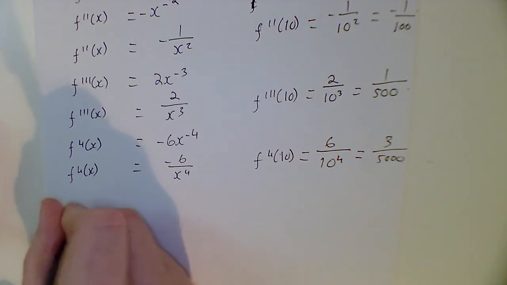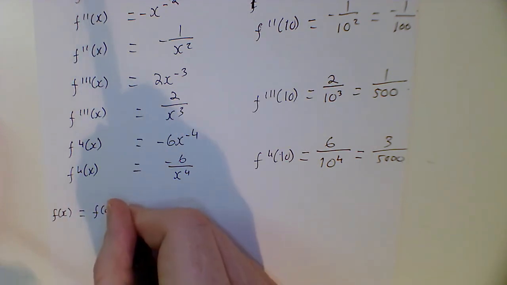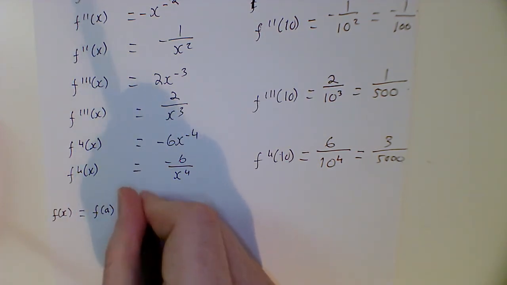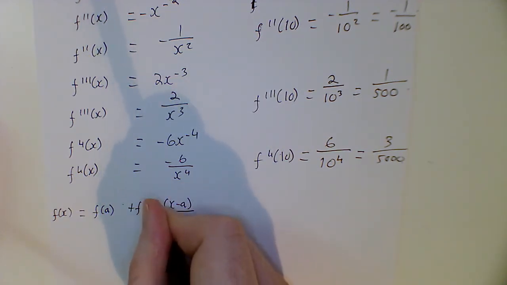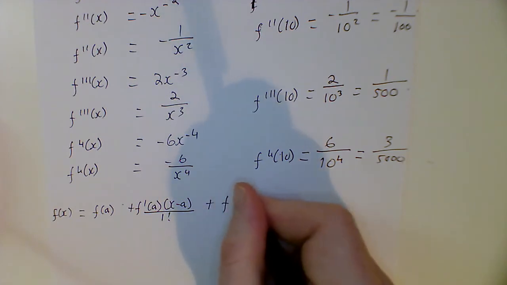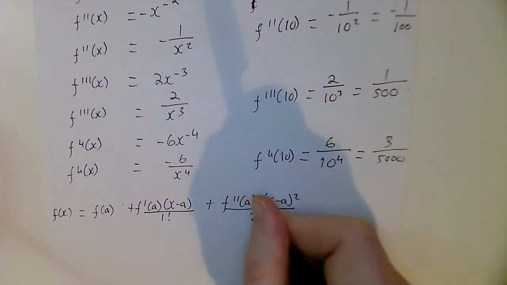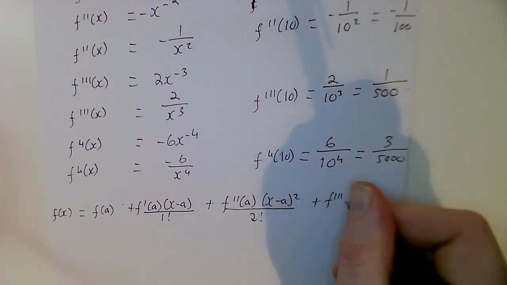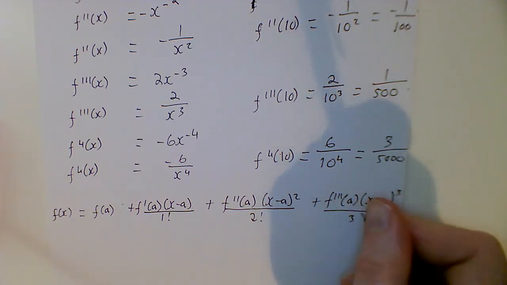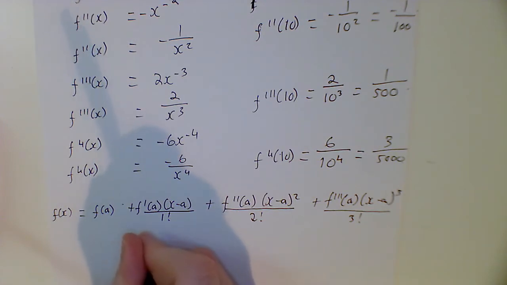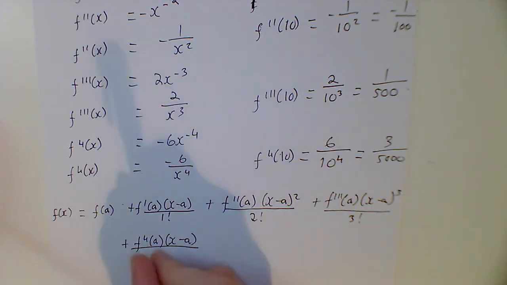So f of x equals f of a plus f dashed of a, x take away a over 1 factorial plus f double dashed of a, x take away a squared over 2 factorial plus f triple dashed of a, x take away a over 3 factorial plus f fourth derivative of a, x take away a over 4 factorial.